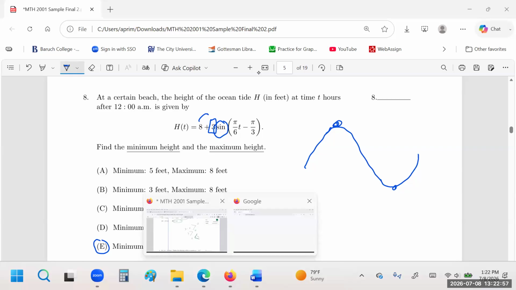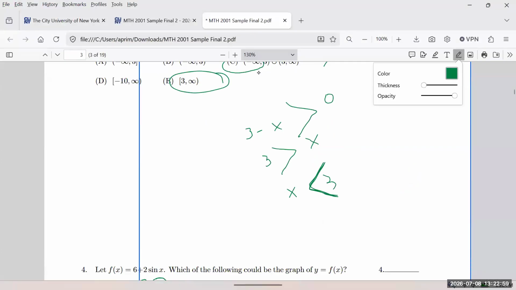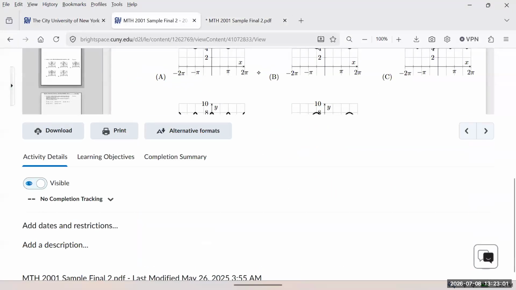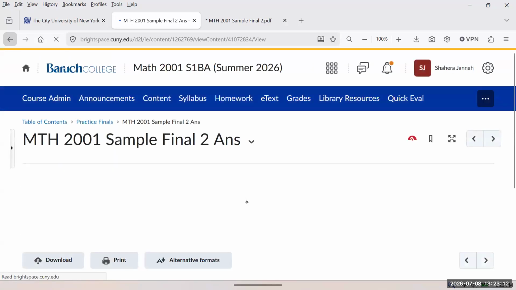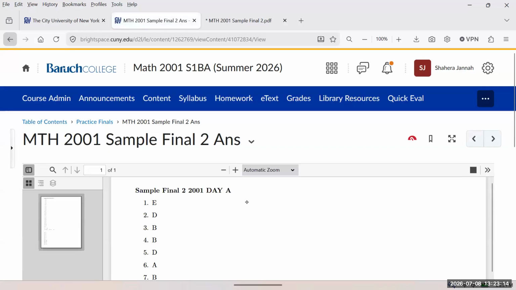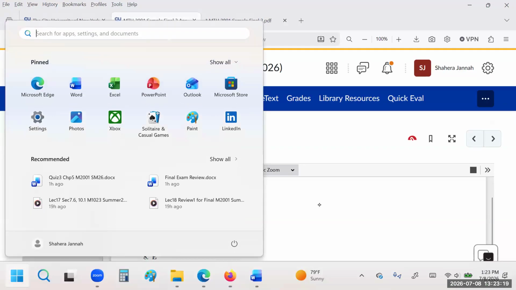Let's check. Question number 8. So let me go back. Part 2 answer. 8E. Yay! Correct.